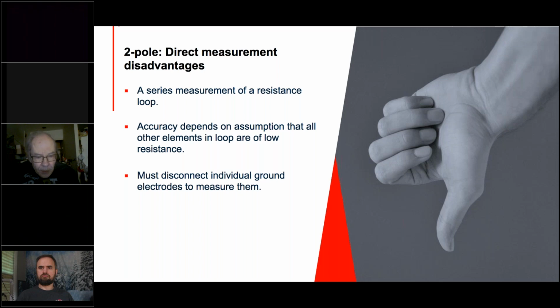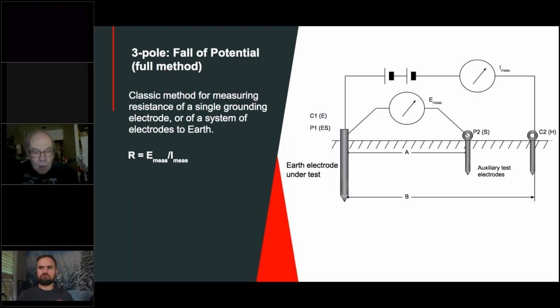Okay, I think I covered the limitations of the two-pole measurement. Next, we're going to look at a typical three-pole measurement, and this is the fundamental way to do a ground resistance test. This will operate with a tester that is either 3 or 4 poles.